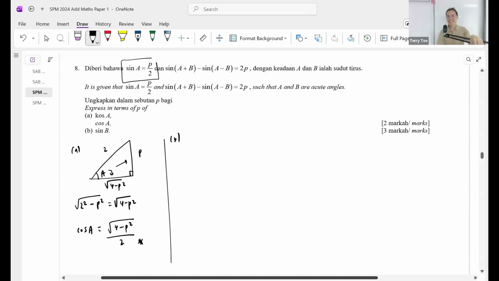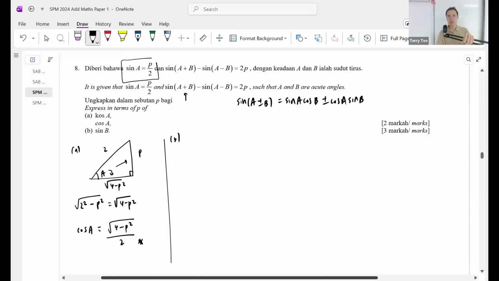Now, the second one, we're going to use the addition formula. Let me list out the formula. Addition formula for sine is sine(A plus minus B). When you expand, it is sine A cos B plus minus cos A sine B. So let's sub inside and expand this.